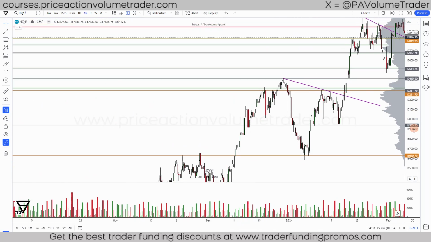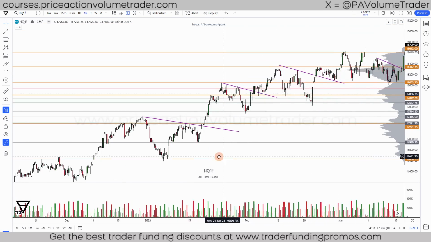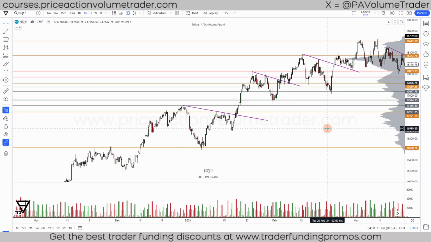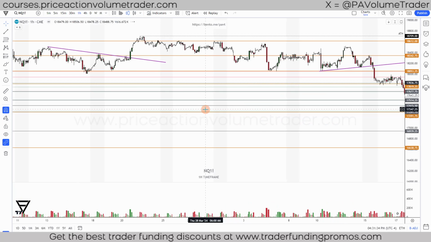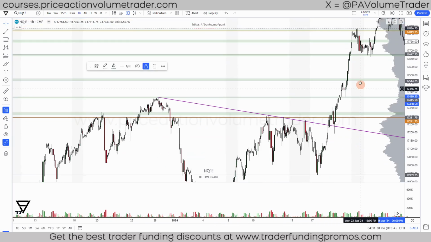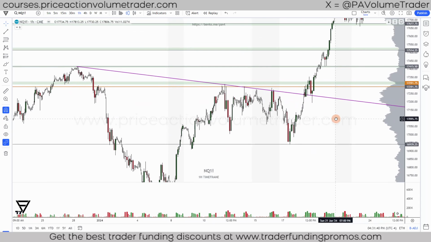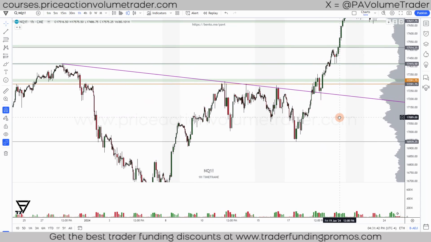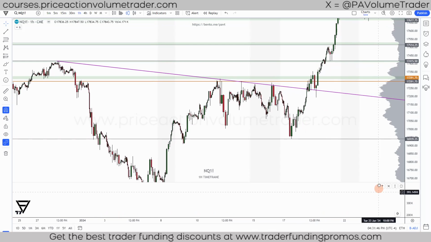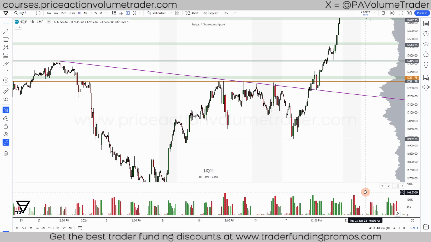Another big utility that I really like for this is trendline breakout confirmations. For this, let's go into the 1-hour chart. Let me expand the volumes down here as well.